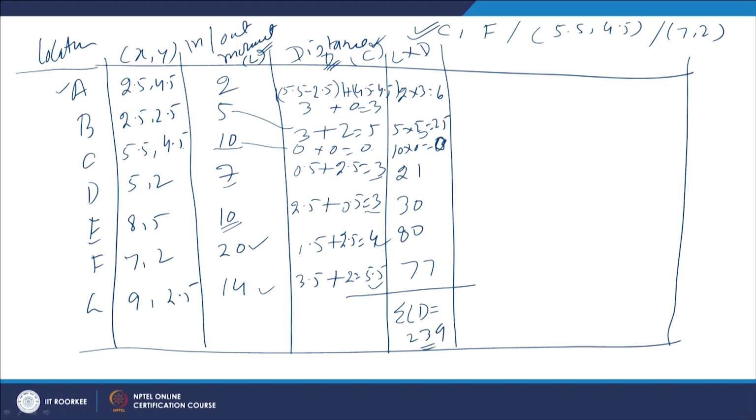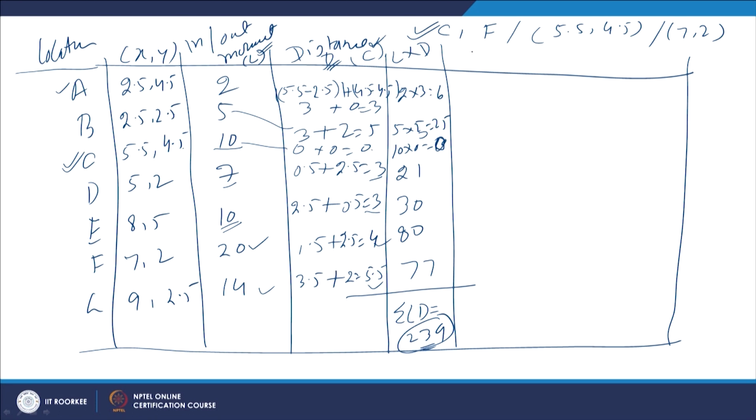So, 239 is indicating the sum of the load and distance to be covered from the different sites if C is chosen as a potential site. So, sum of the load into the distance for the C as a potential site is coming 239.